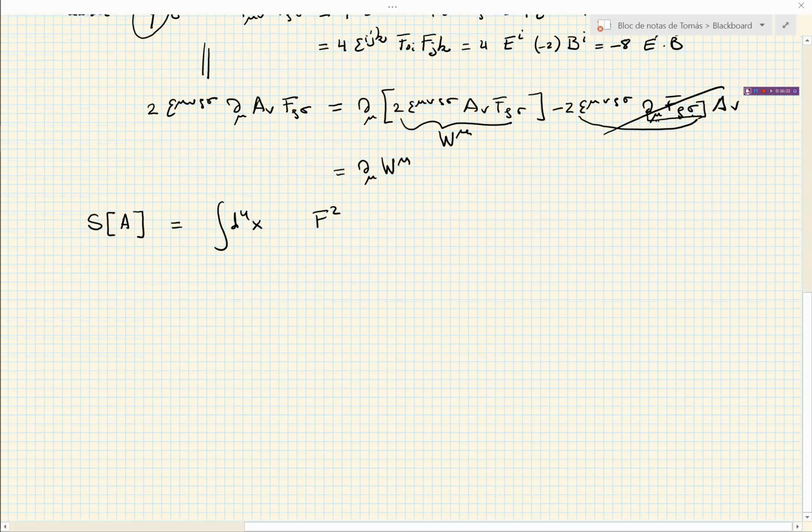So let's see what is the number that we have to put there to have that canonical normalization. This is just a conventional thing.